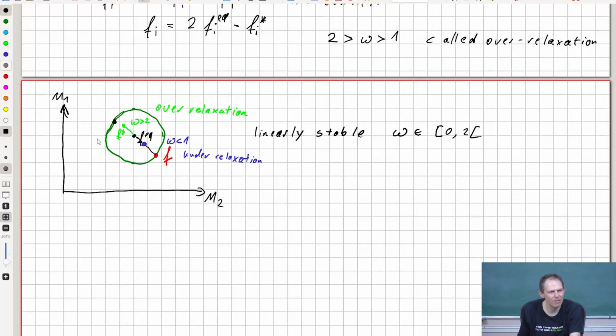So in the under relaxation case, is this also stable? Yes, the under relaxation case is stable, but being stable does not necessarily mean it is accurate. There you have a different problem.